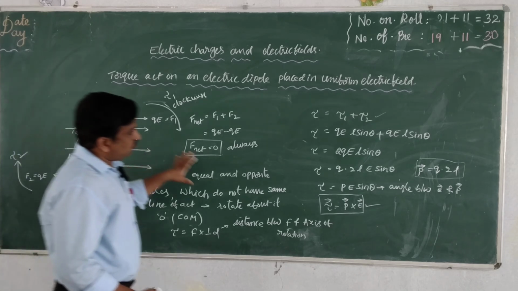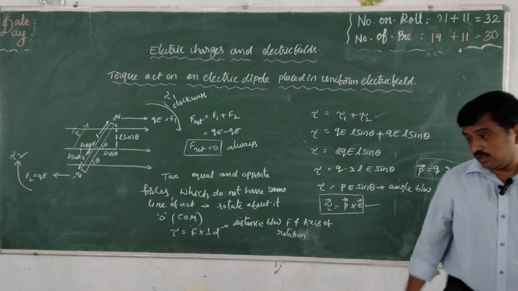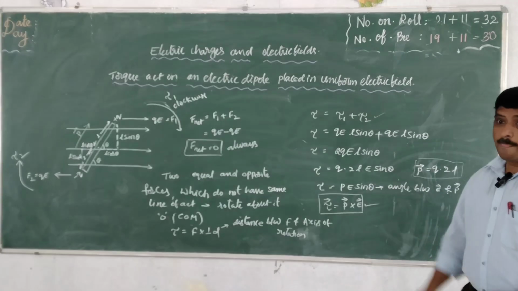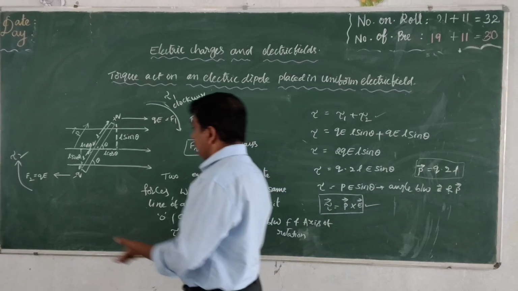So the torque acting on the electric dipole is tau equal to P cross E, or P E sin theta. Now we find out when this torque is maximum and when it is minimum.